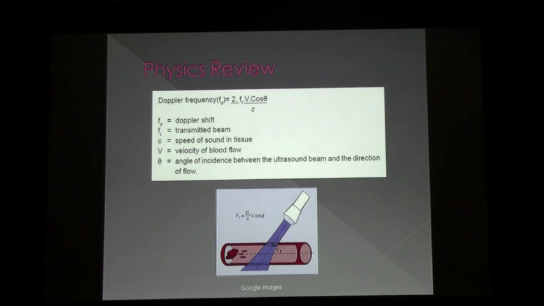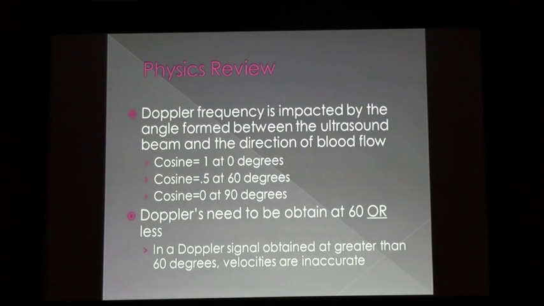One thing that we can control with the Doppler, when figuring out the Doppler frequency, is our cosine theta. At 0 degrees, the cosine equals 1. At 60 degrees, the cosine is 0.5. So the ultrasound machine is assuming we're receiving half of the information, so it's multiplying that information by 2 to actually give us the velocity.